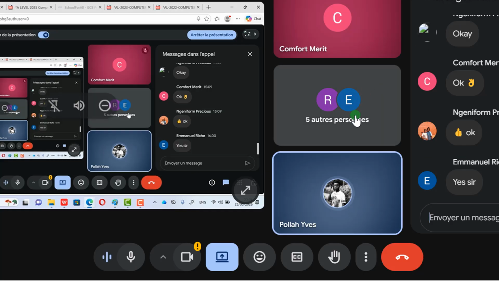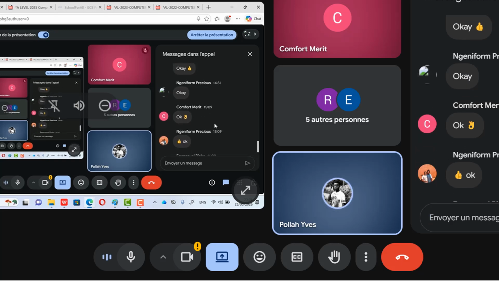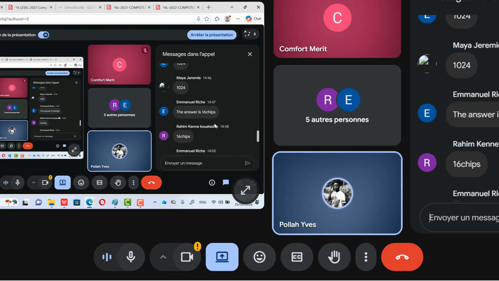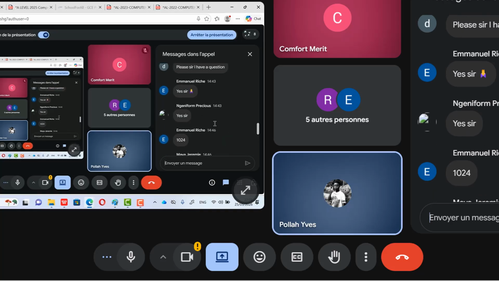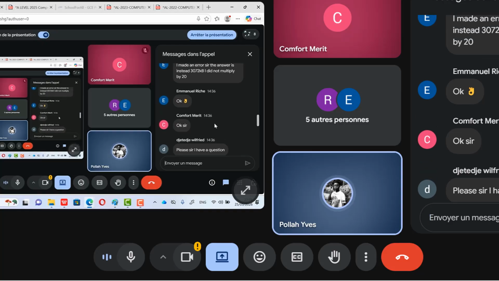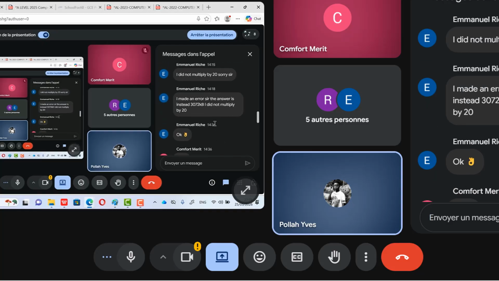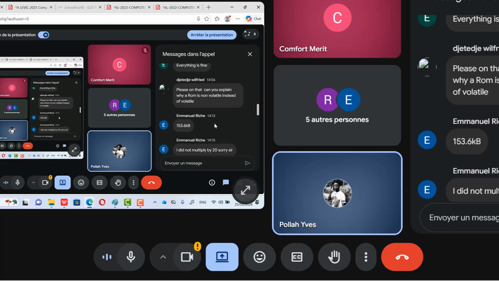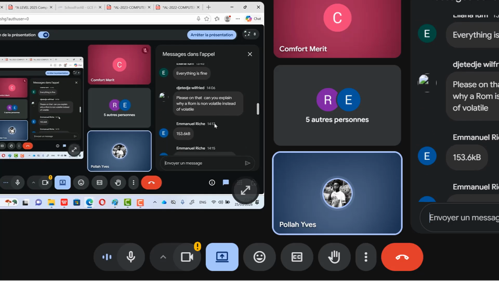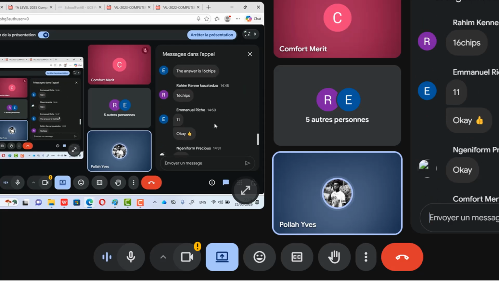Others are just staying quiet. Precious, is it okay? Comfort Merit, yes, she replied already. Raim, is Raim still there? I don't know. Emmanuel, I'm waiting for a reply from you people. Wilfried, yeah, Julien Docmo, fine. Yeah, because I'm really trying to simplify this concept that sometimes looks difficult for some students. Okay, if you people got it, very nice.